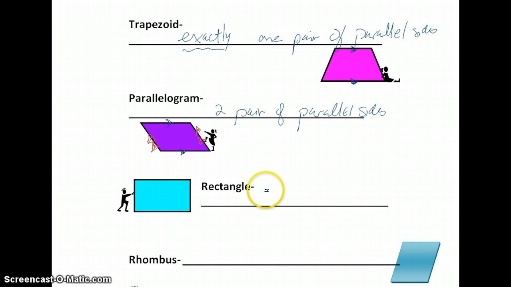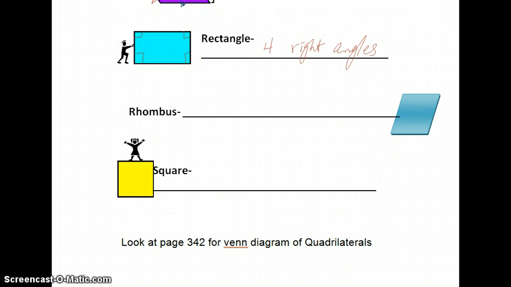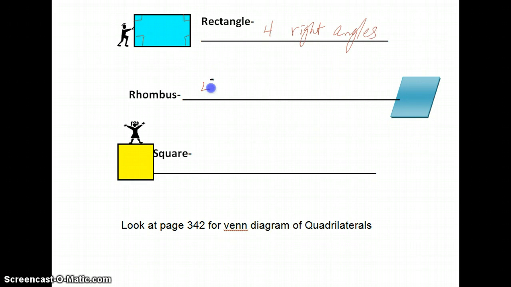A rectangle, a four-sided figure that has 4 right angles. Notice all of these are 4-sided figures. A rhombus has 4 congruent sides. This side is congruent to this side. This side is congruent to this side. All 4 sides are the same.